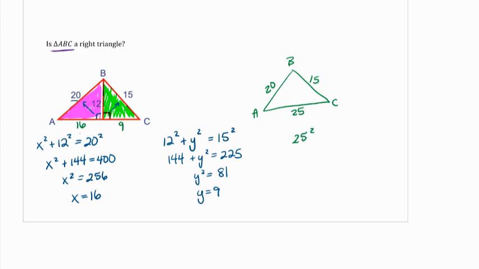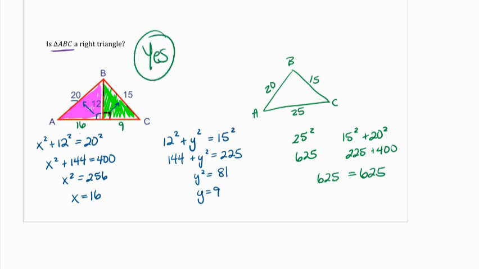So I'm going to do 25 squared, and compare that to 15 squared plus 20 squared. We get 625 here. This would be 225 plus 400. And if I add those together, we get that they are equal. So yes, it is a right triangle based on what we did there.